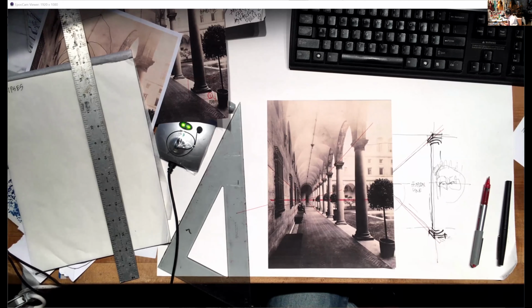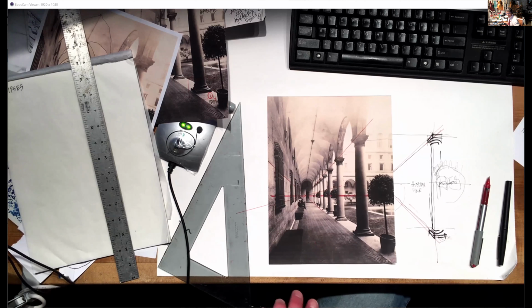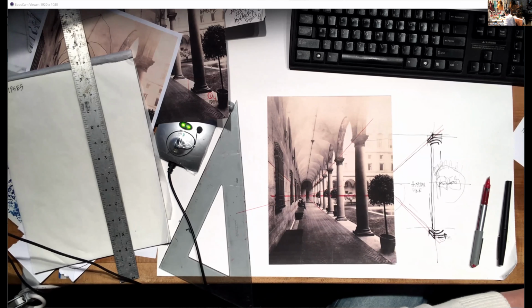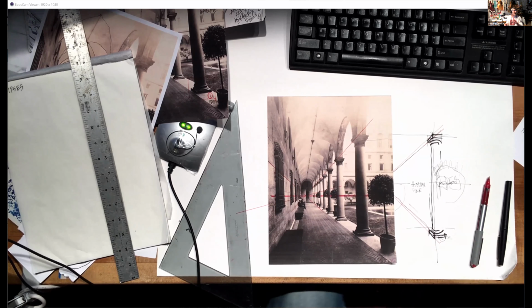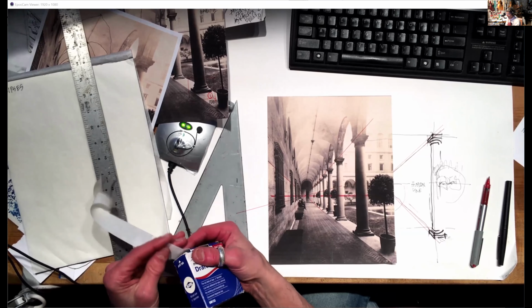I'll try to keep this paper in the same place by taping it. Can I tape it? Do I have drafting dots over there? Oh, dynamite. Thank you. Drafting dots.